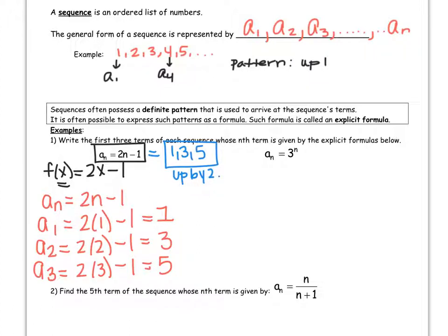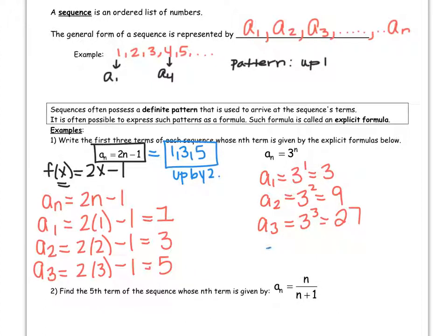So the next term is, same concept, if this is the explicit formula, I want to find the first 3 terms. So a sub 1 equals 3 to the first, which is 3. A sub 2 is 3 to the second, which is 9. And a sub 3 is 3 to the third, which is 27.